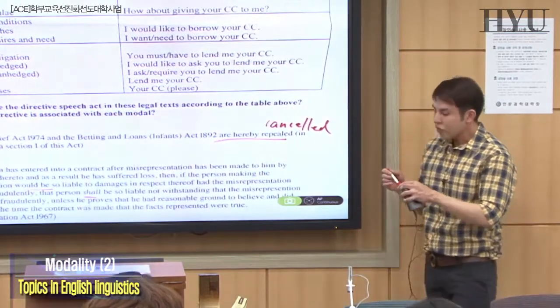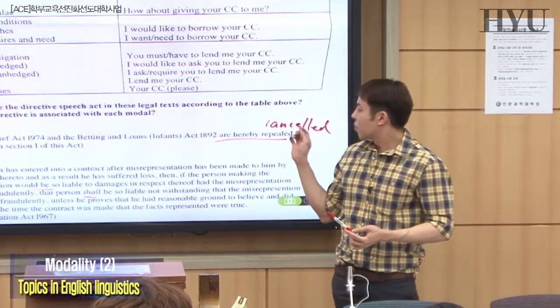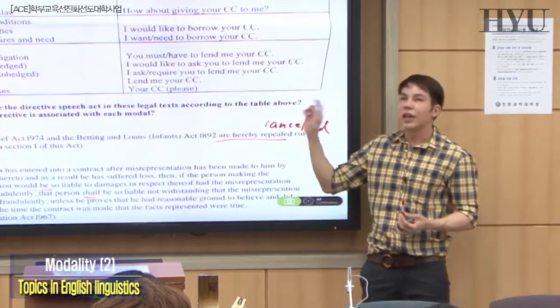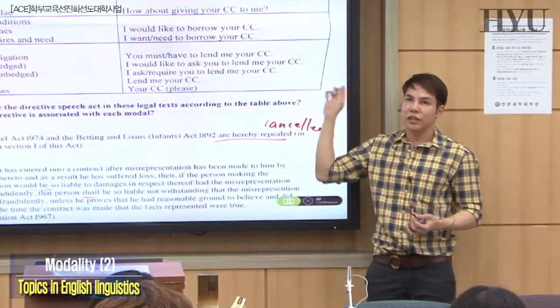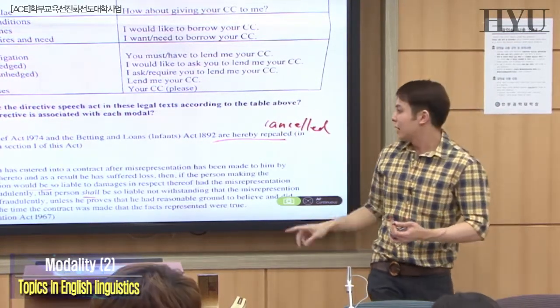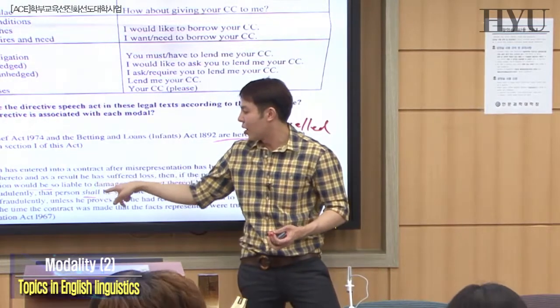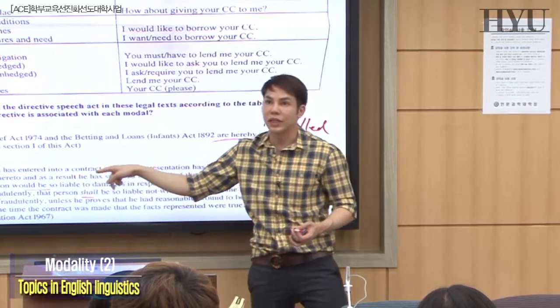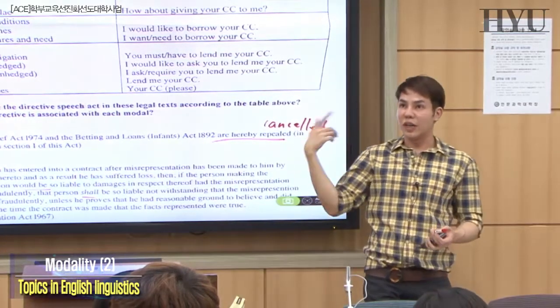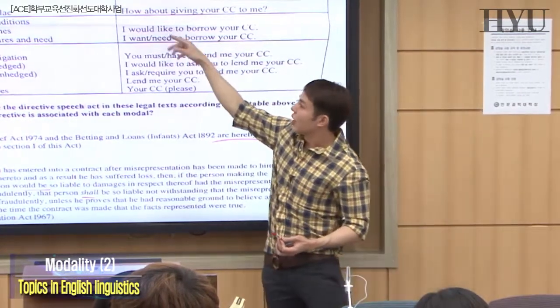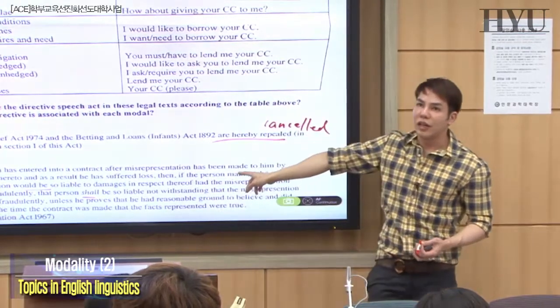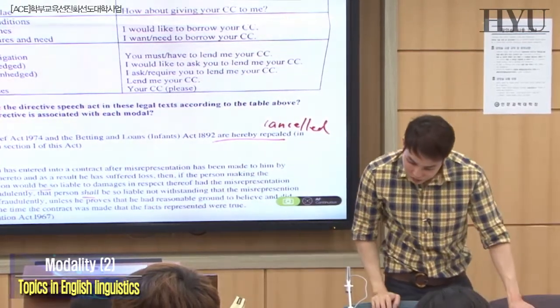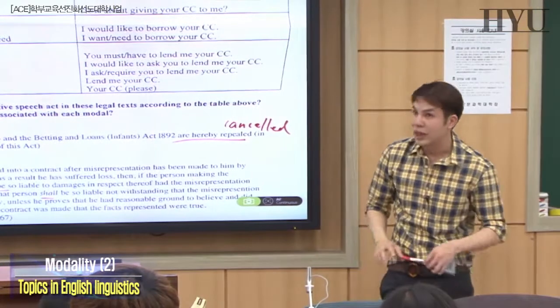So what I want you to do is, again, to locate the main clause, the subject and the verb of the main clause, and see what type of meaning the shall here expresses or the would be expresses. Is it epistemic or deontic, and what type of strategy are they using? Okay? Hearer-based, speaker-based, or direct request, and so on.